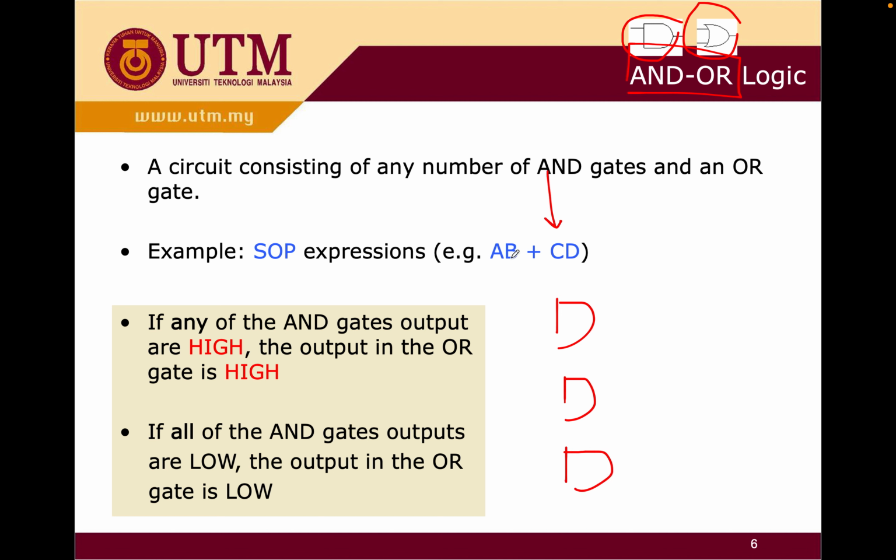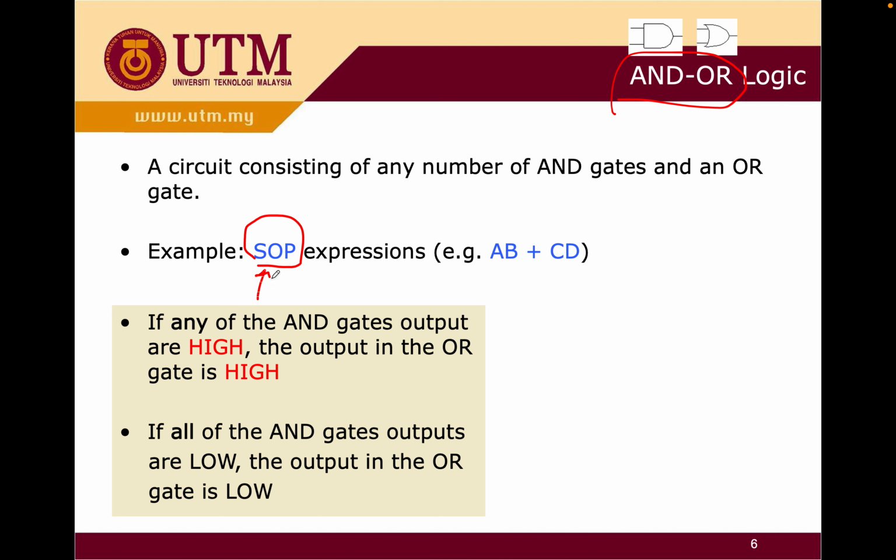This is the first phase that you're going to have. After all these AND gates, you're going to combine them together into your OR gate. You can see here. Normally this AND OR is a representation of an SOP expression. How and why do I say so?